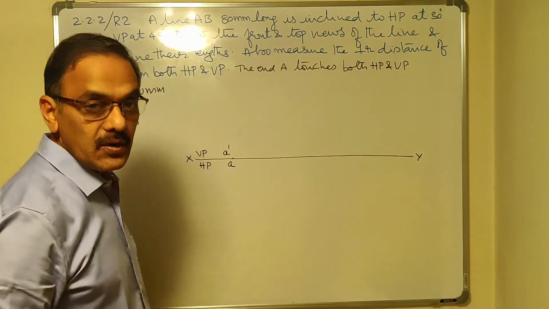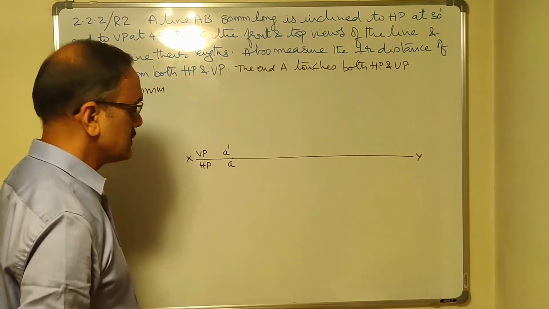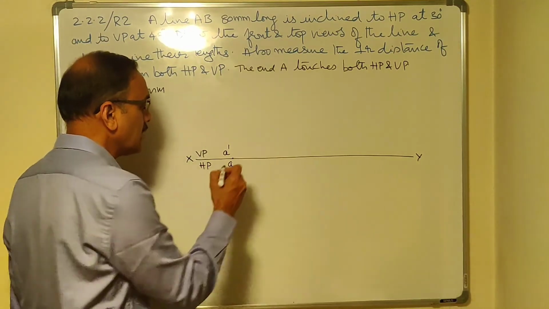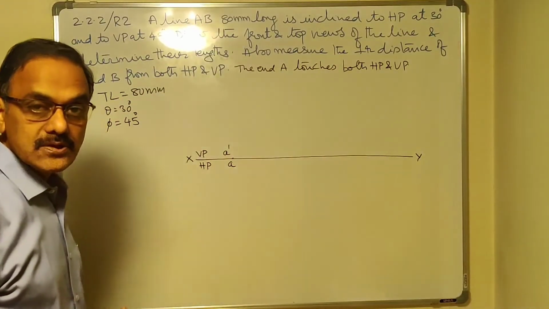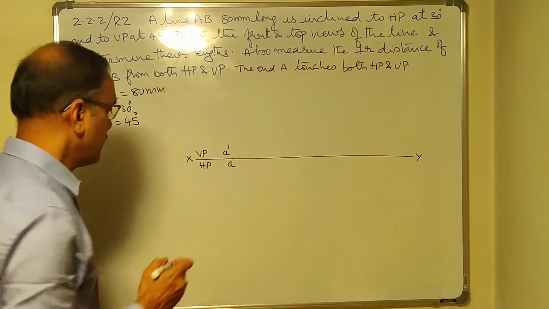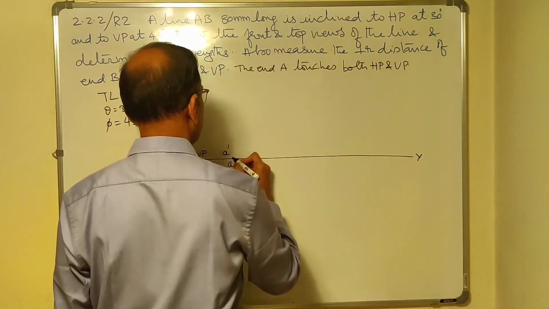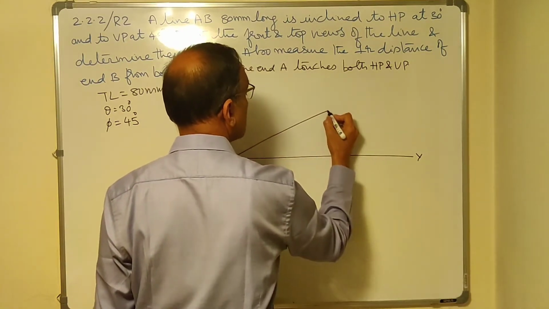Now let me draw the true lengths first. The line is inclined to HP at 30 degrees. So I am going to draw a line inclined at 30 degrees here and equal to 80 mm. 80 mm is the true length. This line will be drawn as light line. So 30 degree angle, 80 mm length.